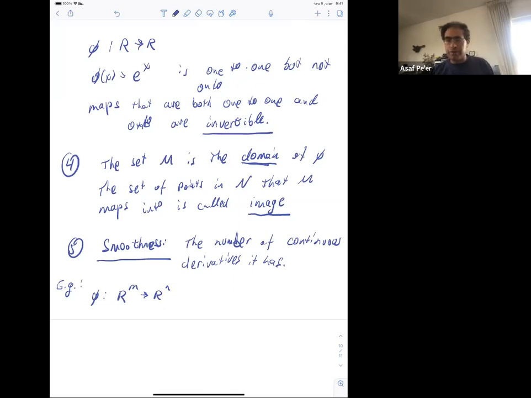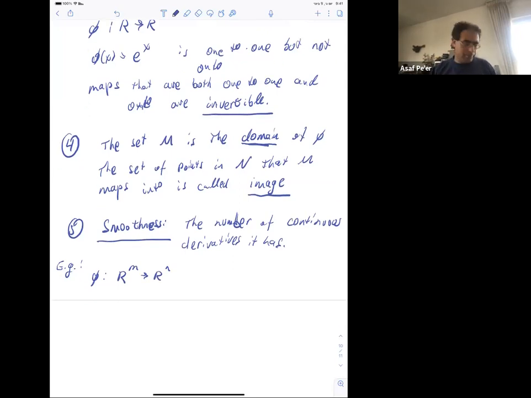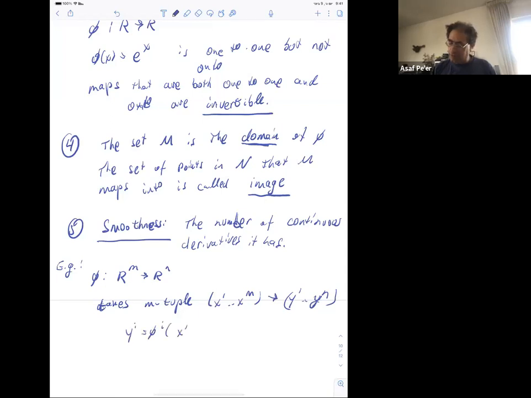It takes an m-tuple, we call them tuples because these are ordered numbers, x1 to xm, and maps them into an n-tuple, y1 to yn. So you can think of each yi as just a phi i of x1 to xm.